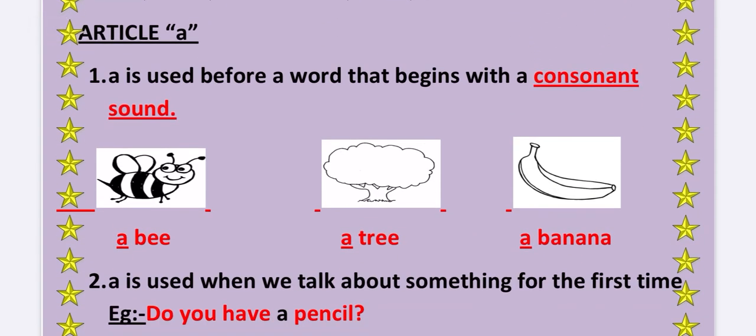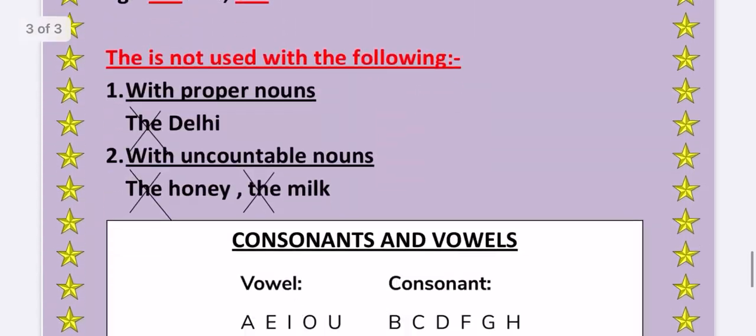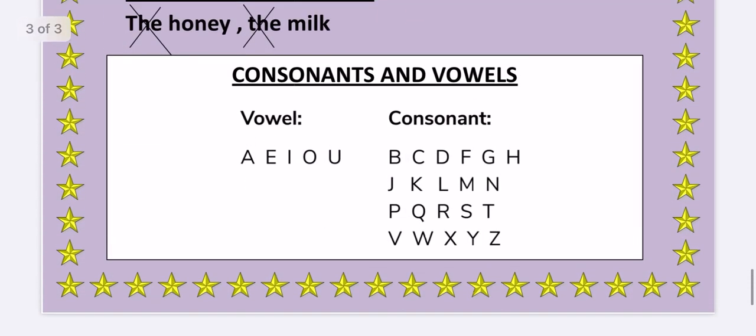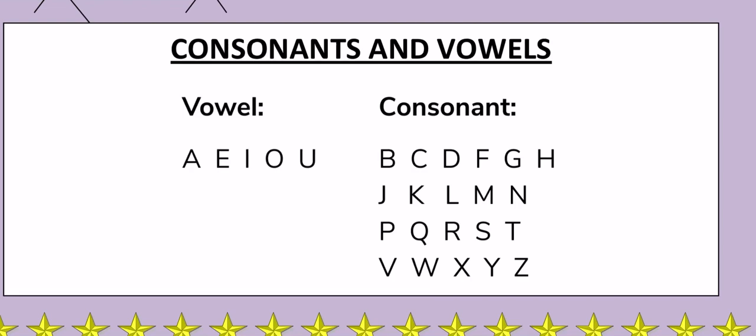A is used before a word that starts with a consonant sound. But what are consonants? So let's study first what are vowels and what are consonants. Students, there are 26 alphabets, and the letters A, E, I, O and U are vowels, and the remaining ones, other than vowels, are the consonants.